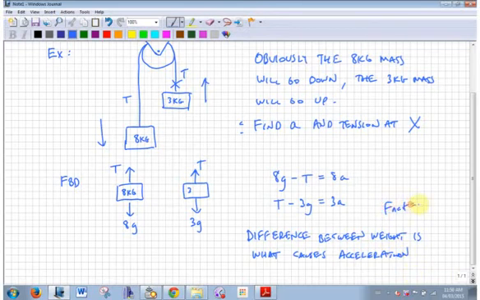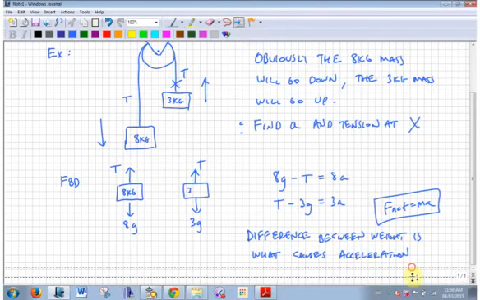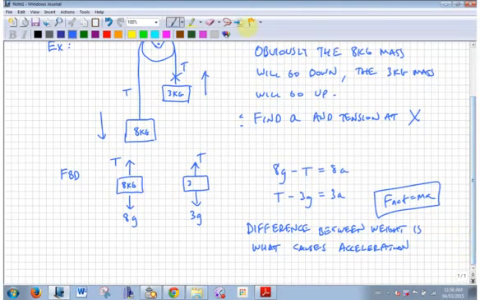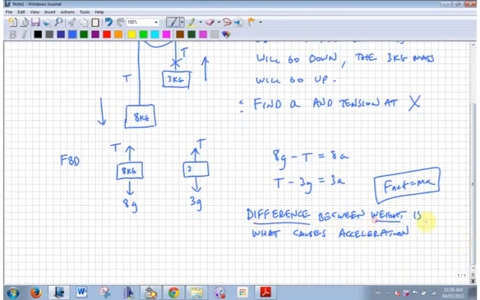Again, this is the formula, but we need to understand the concept. We need to apply that formula. So what is the difference between the weights? 8mg minus 3mg is the difference in the weights. That's going to cause the acceleration. That's going to be ma.